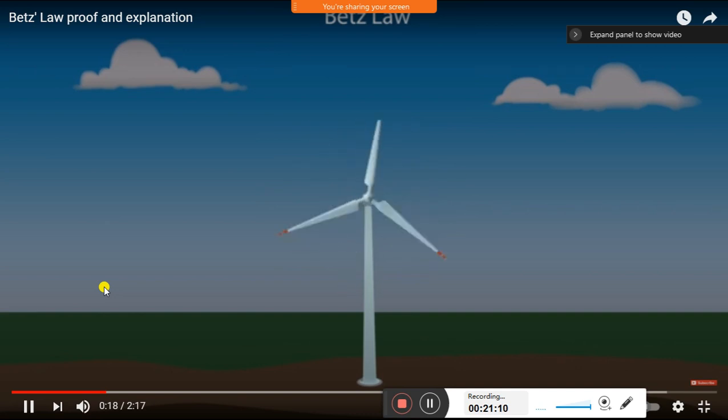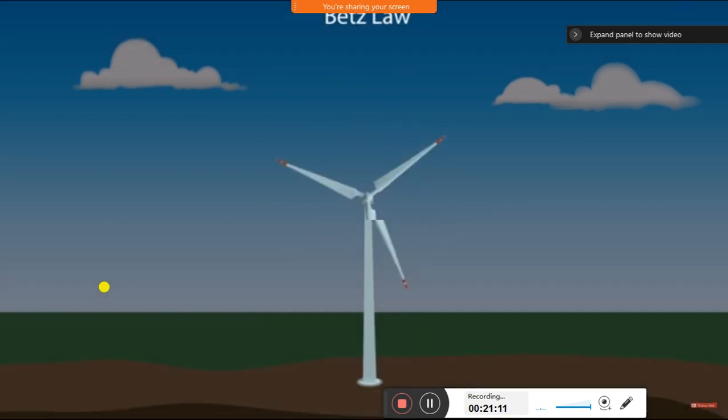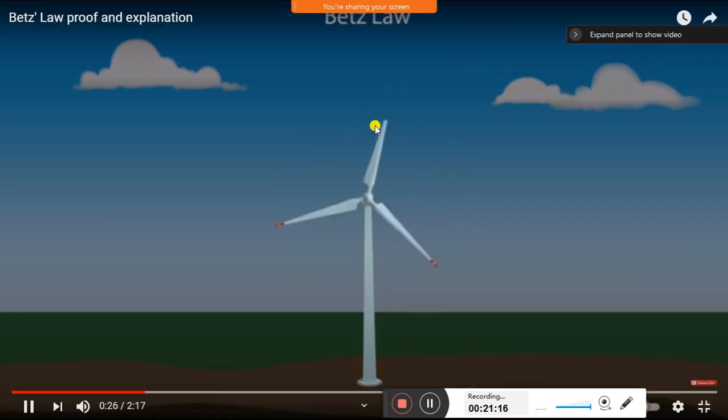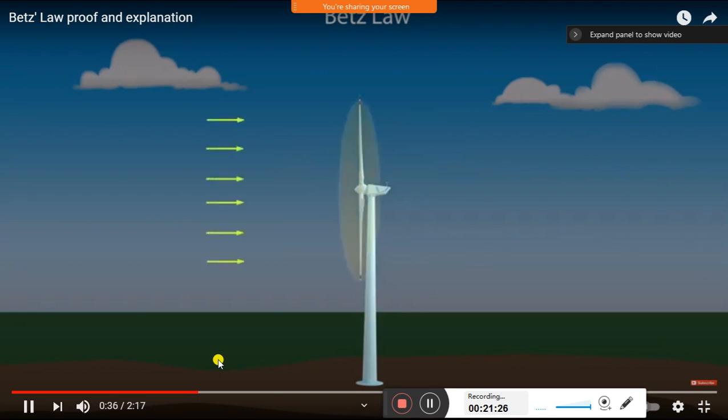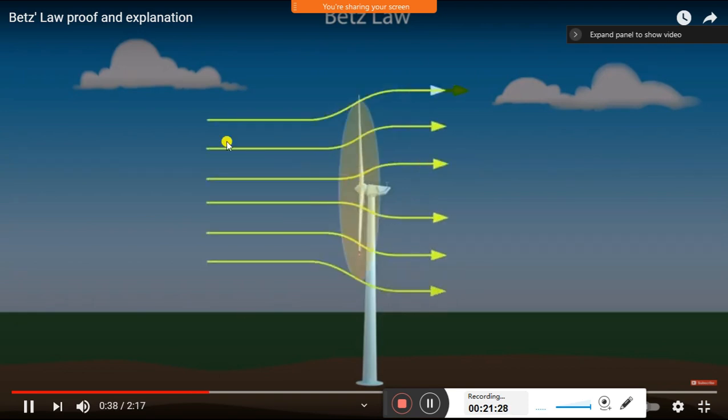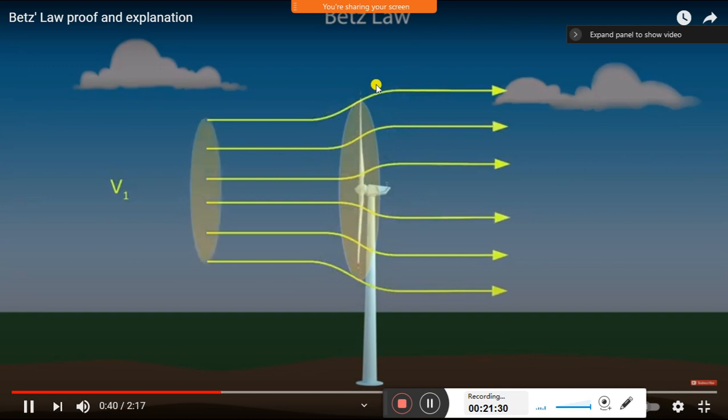That kinetic energy is converted into electric energy. The wind turbine is rotating, and this rotation gives the swept area. Let's prove the theorem. Let's assume the average wind speed through the rotor area. This is V1, this is V2 and this is V, which passes through.